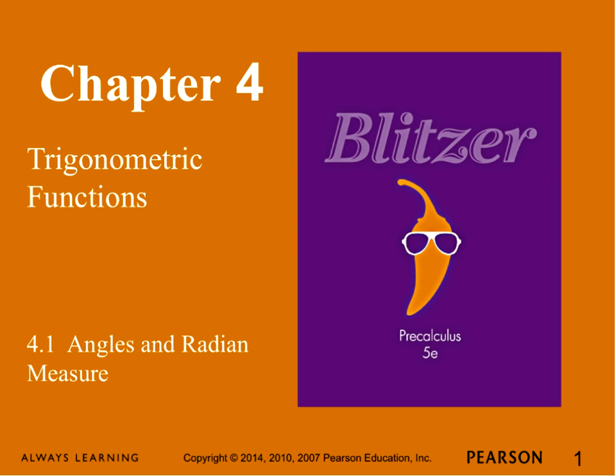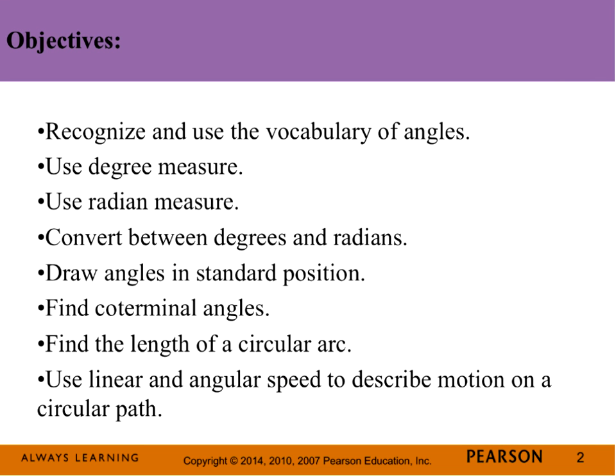It's probably a lot of things you already knew, perhaps except for radian measure and how to calculate with that and really understand it. But hopefully you've looked through it and found it to be not quite so intimidating as it sounds. All right, we'll move forward.